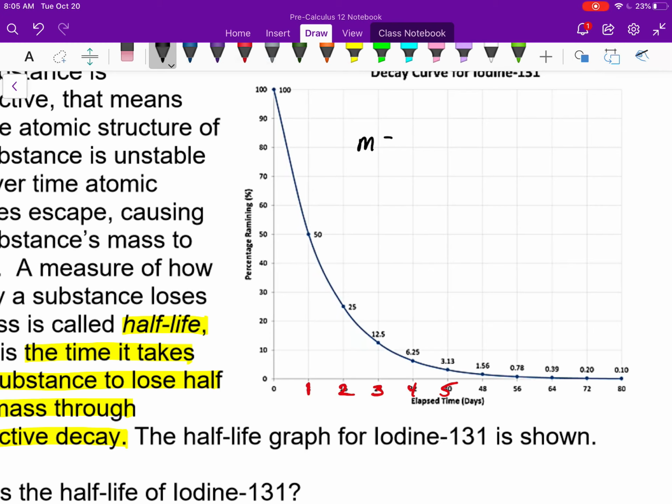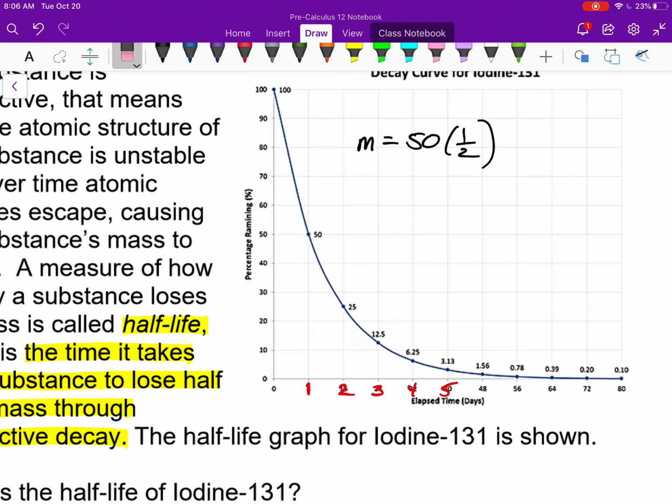The mass would be 50 grams, because we start with 50 grams, times a half every day. So on day 0, it's just 50. On day 1, it'd be 50 times a half, which is 25. On day 2, it'd be 50 times a half twice, which is 12.5.